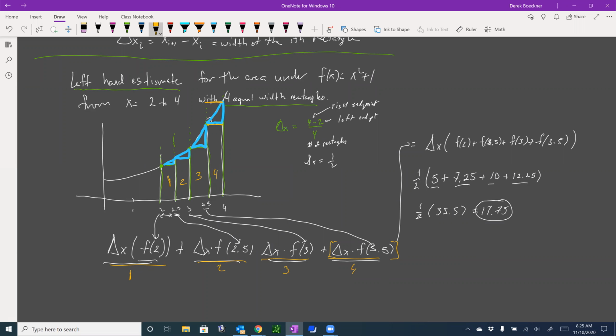Any other questions on here? How did you get the values 5, 7.25, 10, and 12.25? So f of x is equal to x squared plus 1, right? So f of 2 is 2 squared plus 1, f of 2.5 is 2.5 squared plus 1.